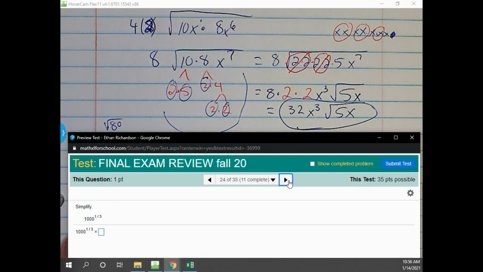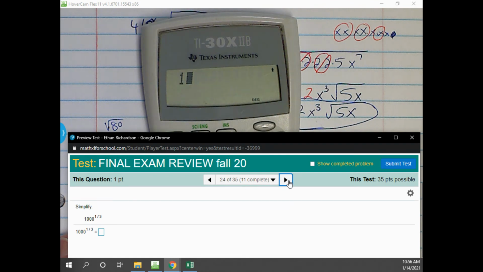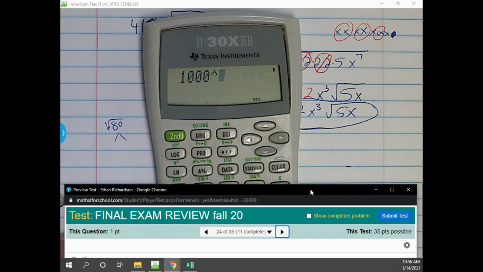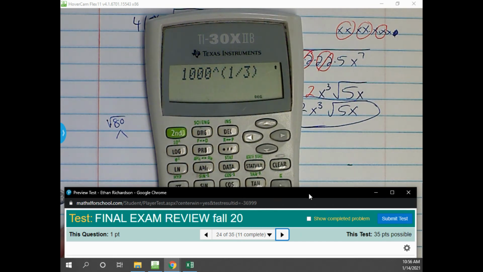All right, 24. This is honestly just a calculator question. You've got 1,000 to the 1/3. They want you to kind of be able to do this without a calculator, but let's just be honest here. Remember the rooftop, if you're using this calculator, the rooftop button is your power button. And if it's a fraction, people are like, I can't do fractions. Yes, you can. Just do a parentheses, and it's 1 divided by 3. The divide bar is your fraction bar when it comes down to this one.